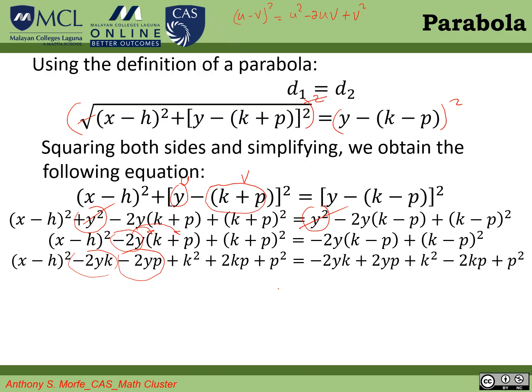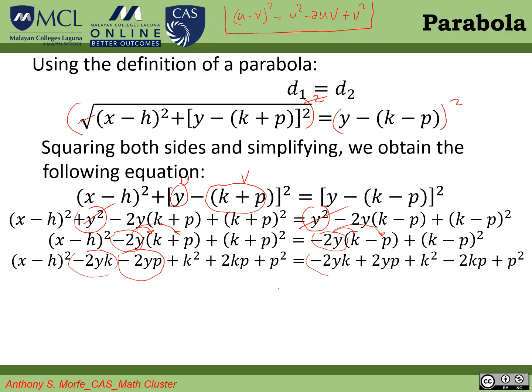Then you expand this one. So again, using this formula, square of the first term, you square that one, plus this is plus, so this is also plus twice the product of the first and second term, and then square of the second term. And do the same on the other side, the right side, you distribute this and multiply.